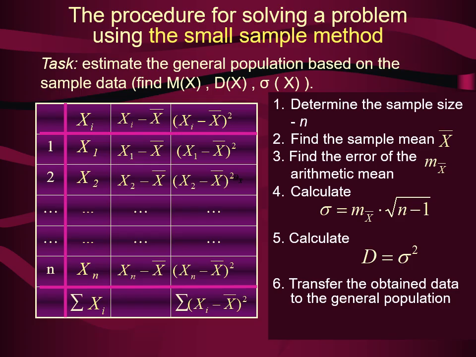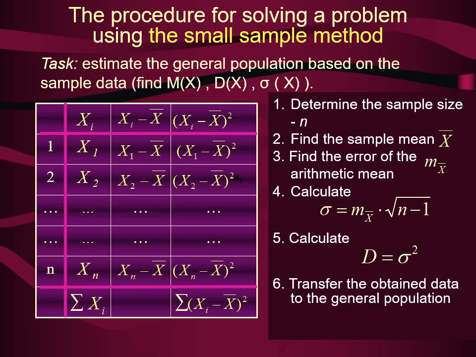The scheme assumes, first of all, arranging the data in a table. Each of you will have the sample population indicated, the enumerations of x first, second, and so on.